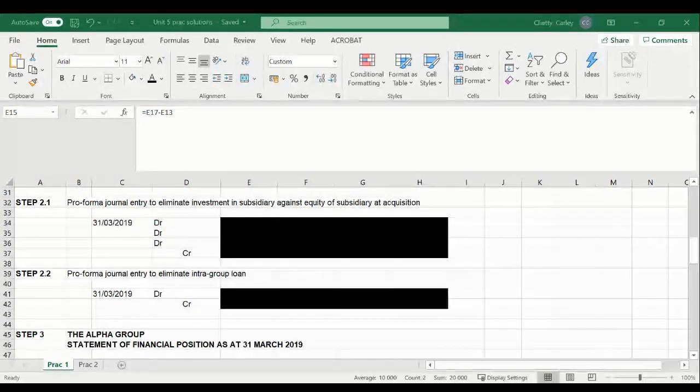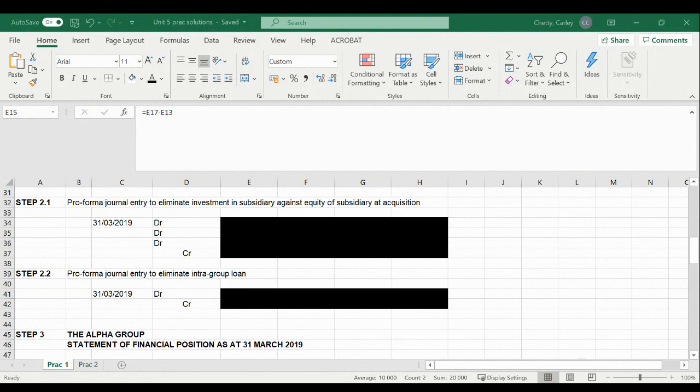And then we're going to credit the loan that is reflected in Alpha's books. So we're going to credit the loan shown in Alpha's books of 100,000 Rand. In Alpha's separate trial balance, this loan owing to Alpha is shown as a debit because it is an asset for Alpha. Therefore we need to credit this in order to eliminate it.